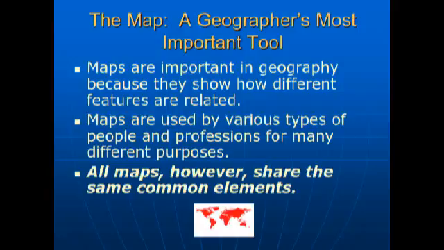All maps, however, share the same common elements. While creating a map, a better quality map must have certain elements, some four or five, which should be maintained in each and every map so that it attains a proper standard.